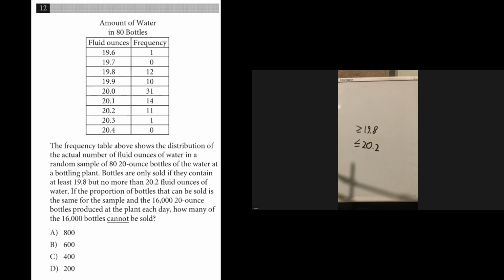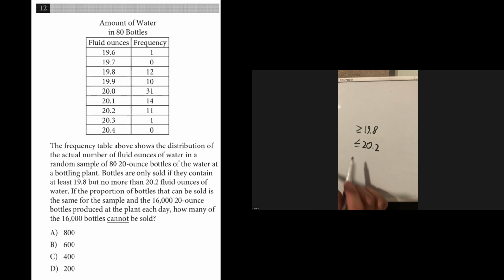Okay, so for this question, we're told that the sample has 80 bottles, and bottles are only sold if they contain at least 19.8, so greater than or equal to 19.8, but no more than 20.2, so less than or equal to 20.2. And if the proportion of bottles that have been sold is the same for the sample and for however many bottles they produce, which is 16,000, how many cannot be sold?